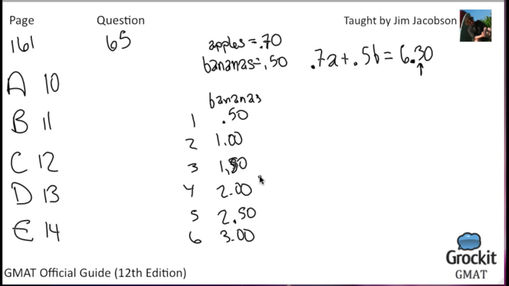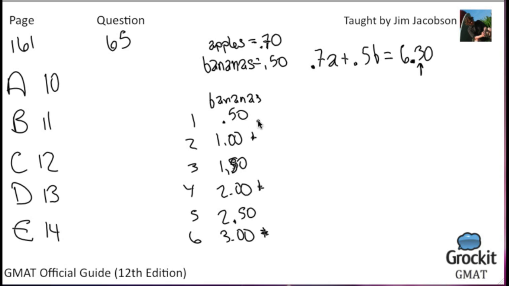So the multiples of the bananas really only end up in a 5 or a 0. So we have to figure out a way that the total number can end up in a 30. And so obviously the key is the apples, which are multiples of 7. Keep in mind that if we're adding an even number of bananas to our number of apples, we're not actually going to be changing the tenths of a dollar digit at all.